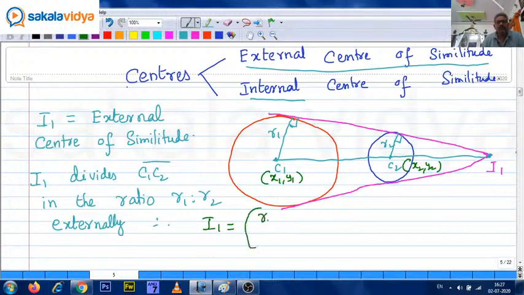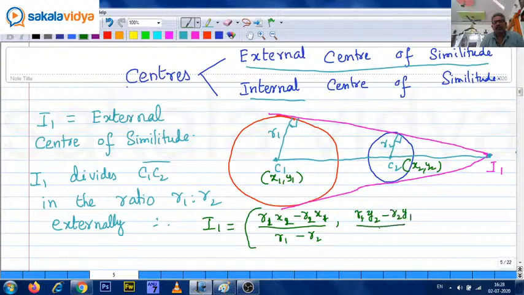So we get: (R1 x2 minus R2 x1) upon (R1 minus R2), (R1 y2 minus R2 y1) upon (R1 minus R2). Using this formula, we can find out the external center of similitude.